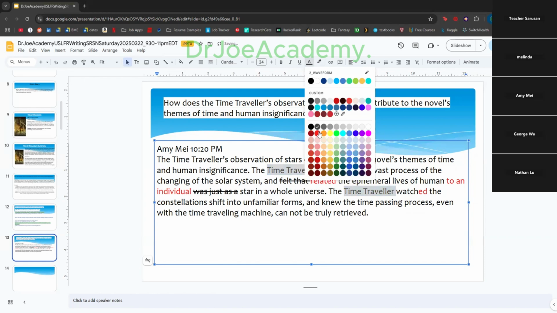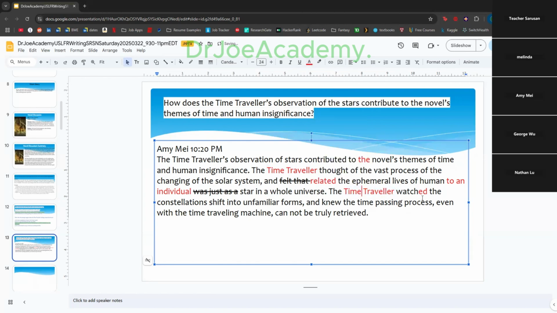Whoops. All right. The time traveler watched the constellations shift into unfamiliar forms and knew that the time passing process even with the time traveling machine cannot be truly retrieved. And knew the time passing process.